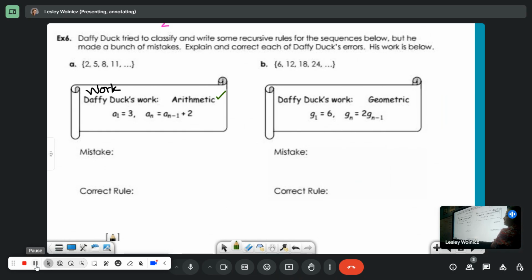He says the first term is, what did he say the first term is? What is the actual first term? 2. So what did he mess up in his rule? He mixed the terms.